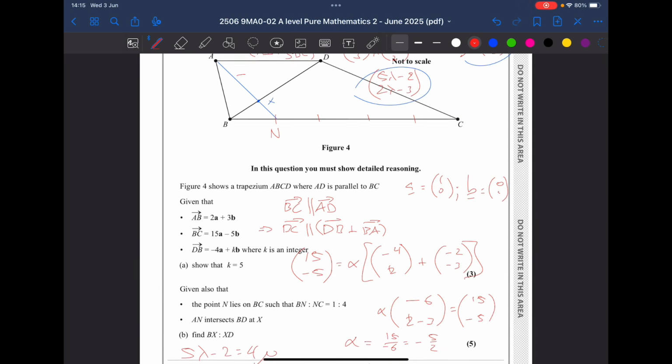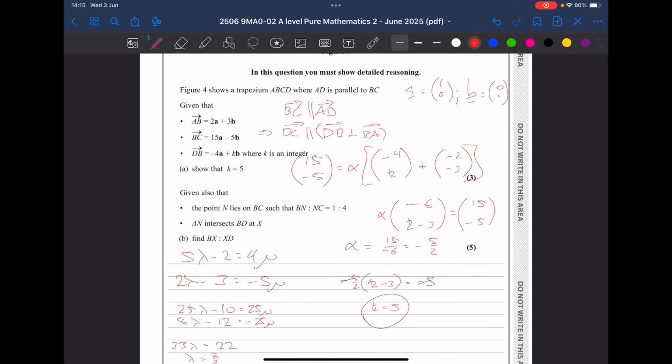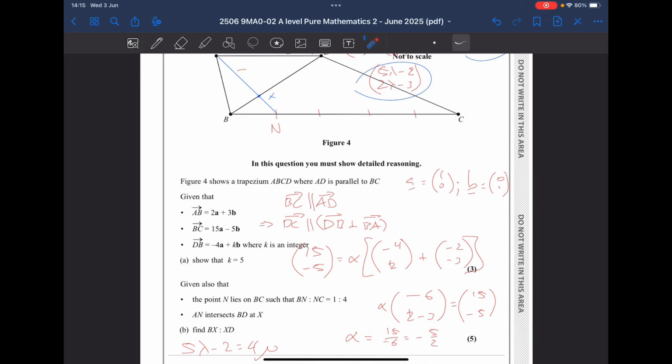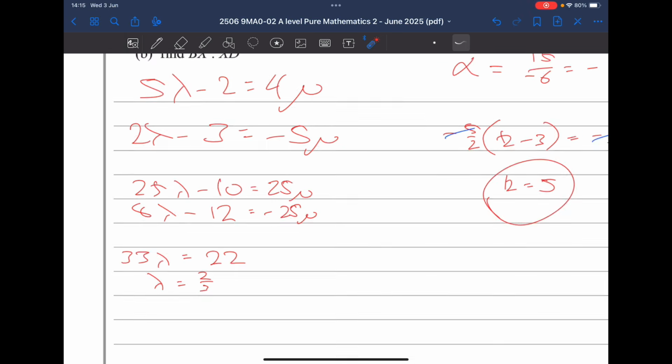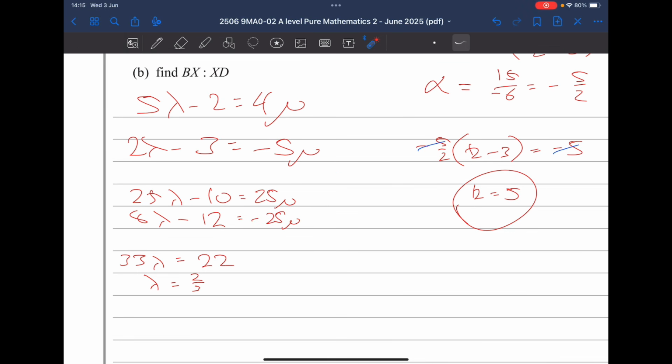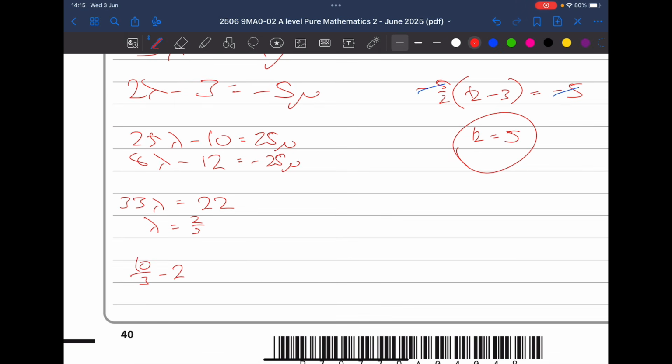Did we need lambda or did we need mu? I should have thought about that before we solved it. We want to work out BX to XD, so we want to go how far along this way. So we actually want mu. Mu is the answer we want. But we can plug these back in to solve for mu. Let's think about the top row. 5 times 2/3 is 10/3. Take away 2, that leaves you with 4/3.